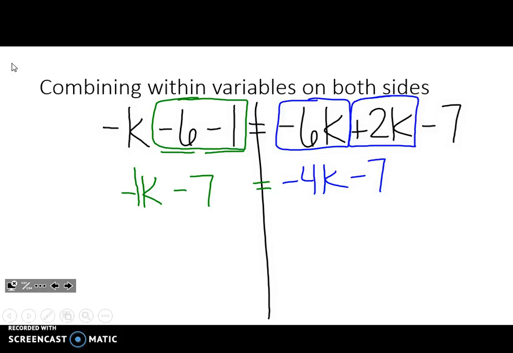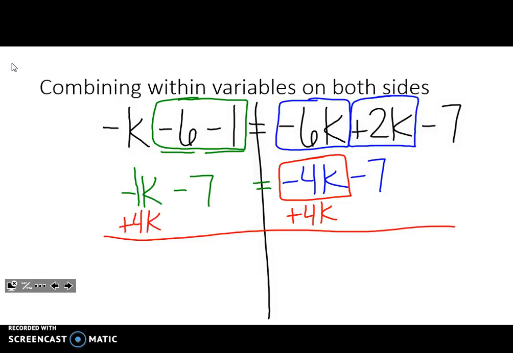Now it should be a variables on both sides problem. Choose one set of variables. I'm going to choose the negative 4k and use the opposite operation to move it across the fence. So I'm going to bring down that negative 7 that's left over.